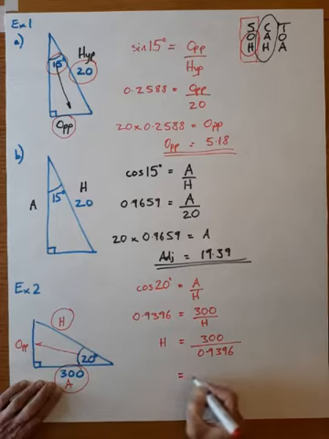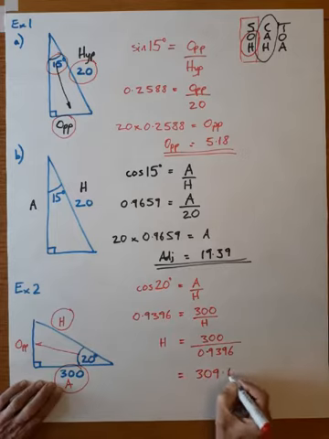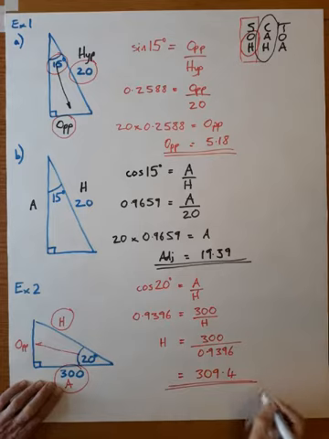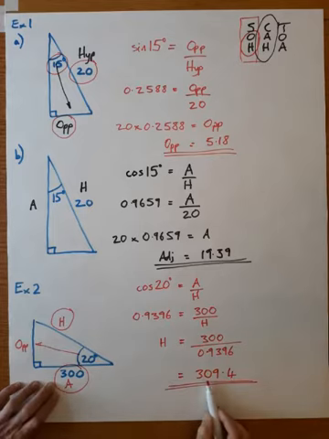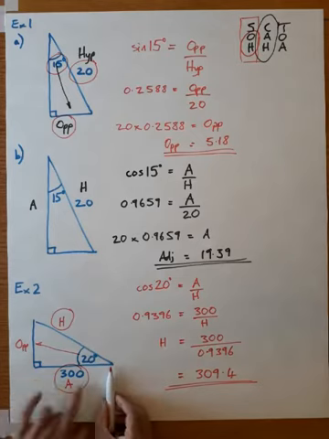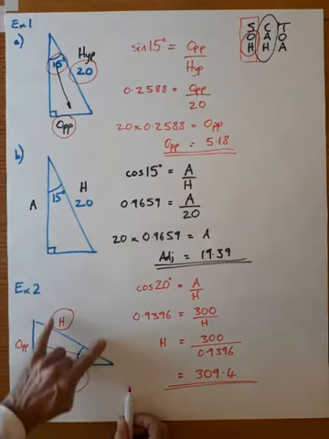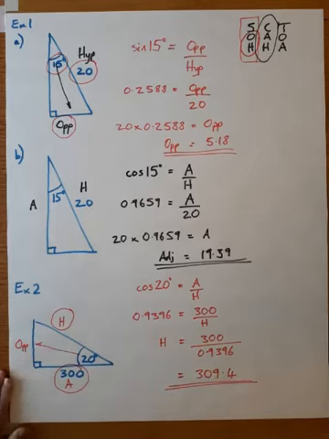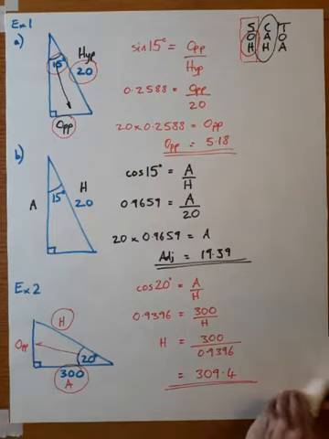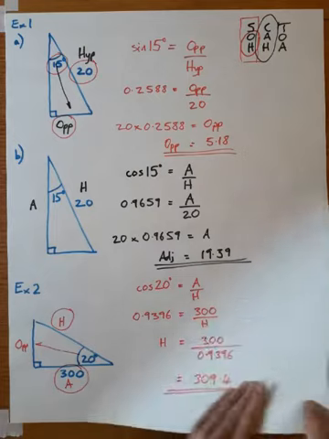Put that in your calculator, and the hypotenuse is 309.4. Quick check, the hypotenuse is the longest side, and it's longer than this one here. So we know that we're probably in the right area. Okay, so let's move on and do a very different example.